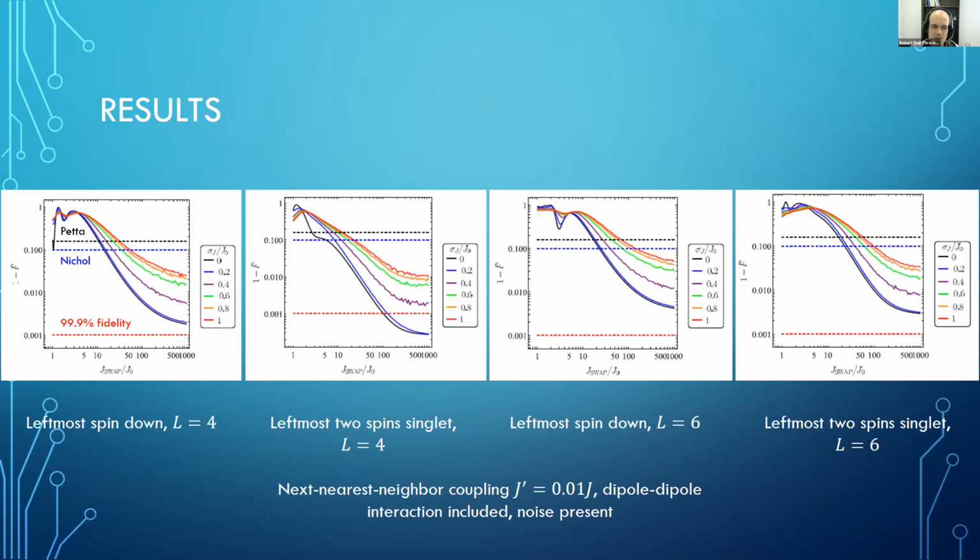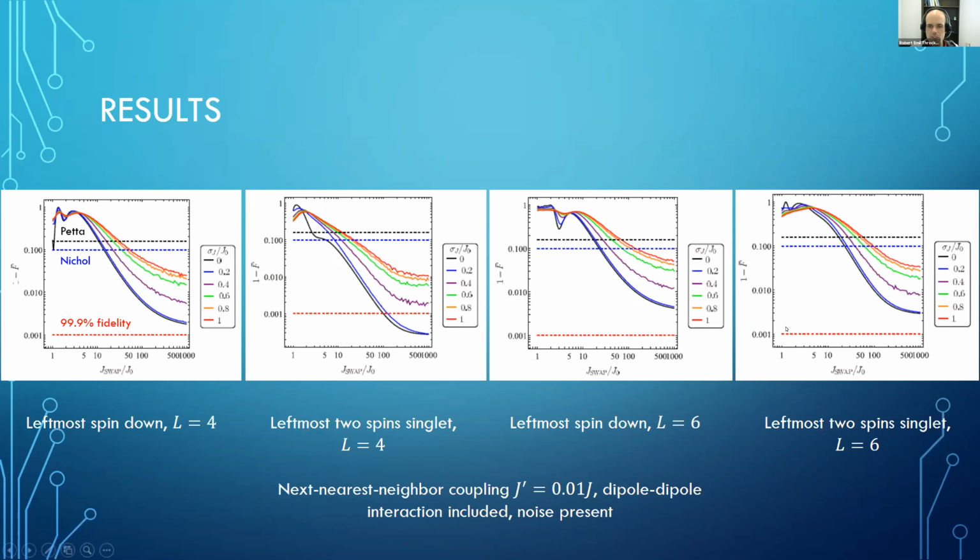I think it was phosphorus donor type qubits. But as far as these quantum dot based systems, none of the experimental systems are particularly large. I think 4 spins is maybe about as large as they've built.